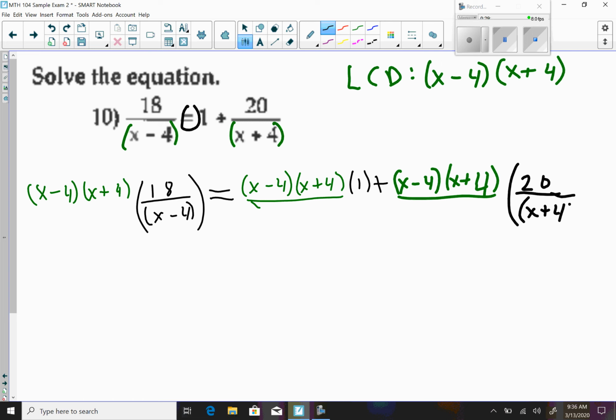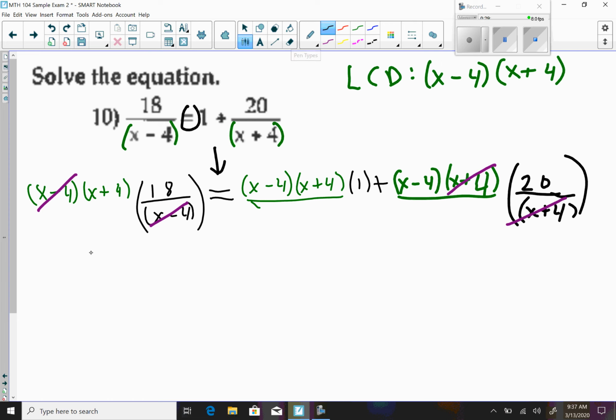So all we're doing here is multiplying both sides of the equal sign by this green. What's black, this fraction and the 1 and this fraction, are just what's given. So now the next equation will not have any fractions because we can do this and we can do this.